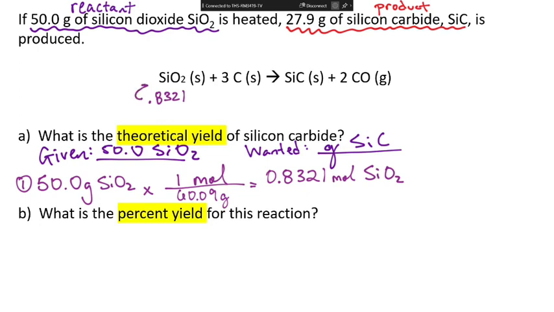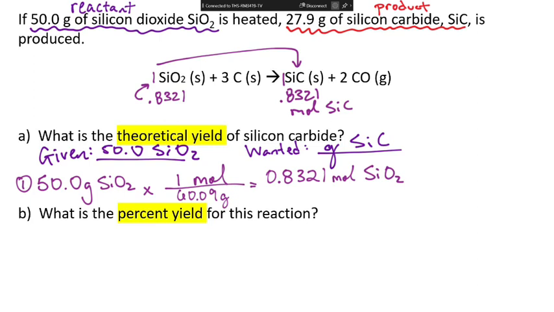What's the mole ratio of silicon dioxide to silicon carbide? Yeah, it's 1 to 1. So I divide by 1 and multiply times 1, or just realize that's the same thing.